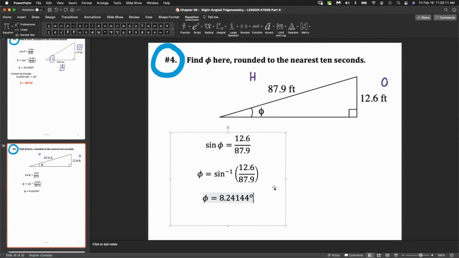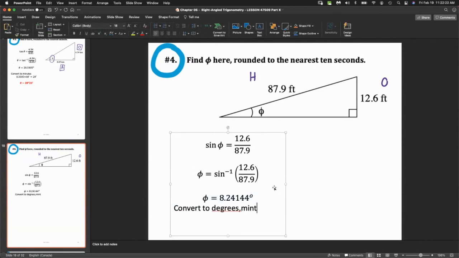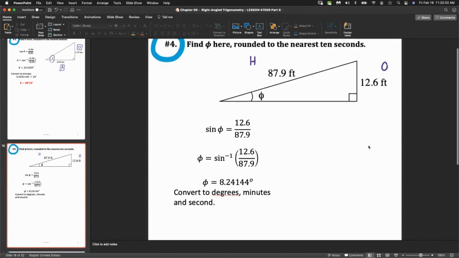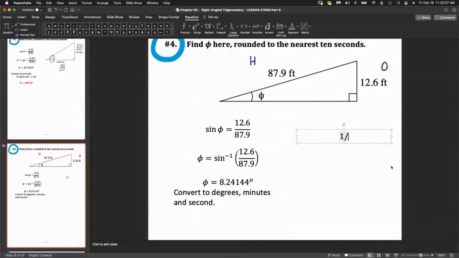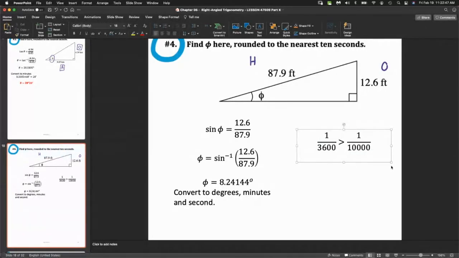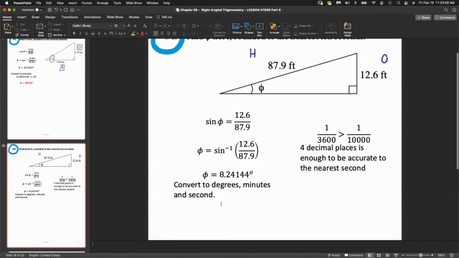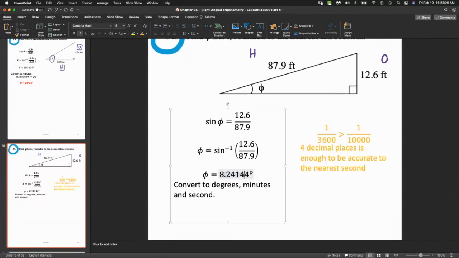So what you want to do now is convert to, no, it doesn't have to be 5 decimal places. 4 decimals is enough, because, let me explain to you why, 1 over 3600 is greater than 1 over 10,000. That means that 4 decimal places is enough, okay? Okay, back over here. So if I go 4 decimals, it's fine.